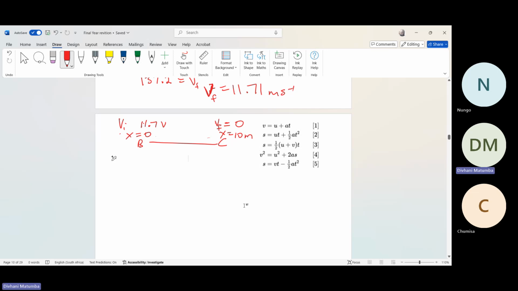Which equation were you going to pick? And by the way, U stands for initial velocity. Don't be confused. Equation number 4. Do you agree with that?